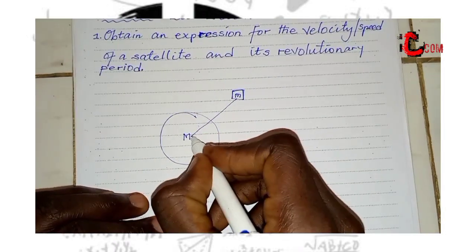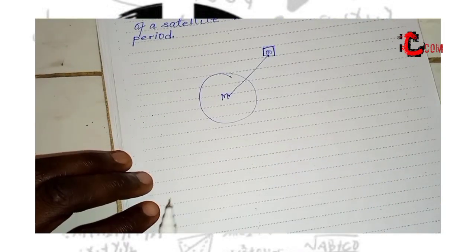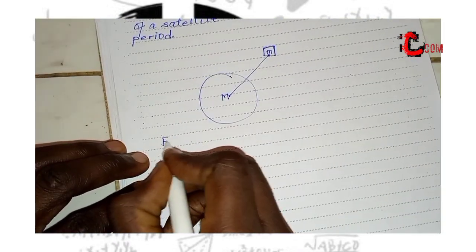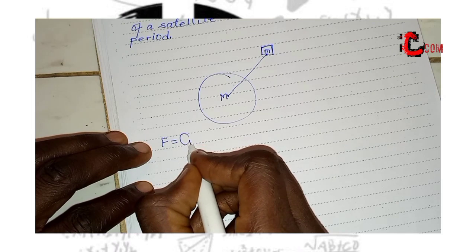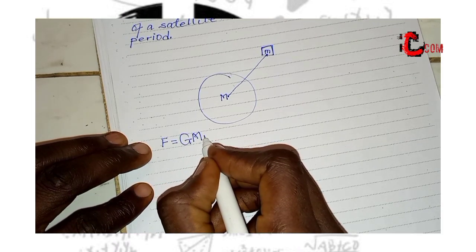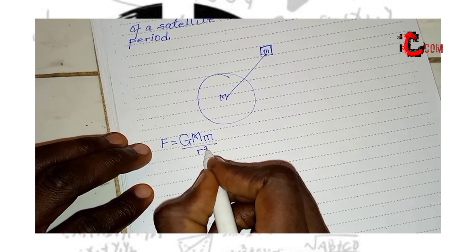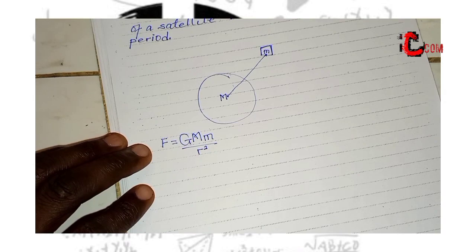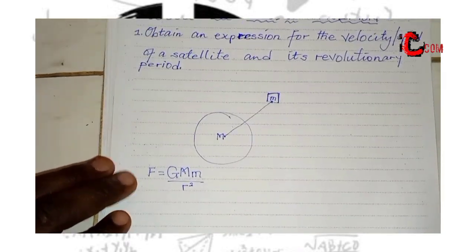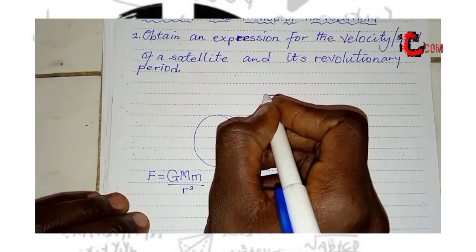One is the force of attraction between the centers of the masses, that is Newton's force, F equals G times the mass of the planet times the mass of the satellite all over r squared, where r represents the distance between the satellite and the planet. But there is also another force.